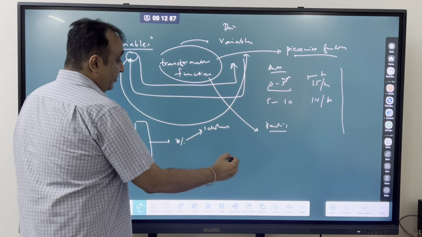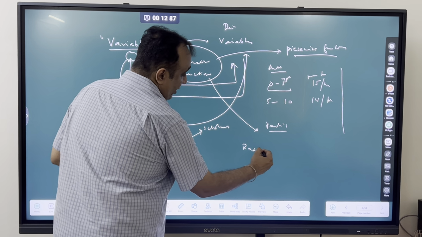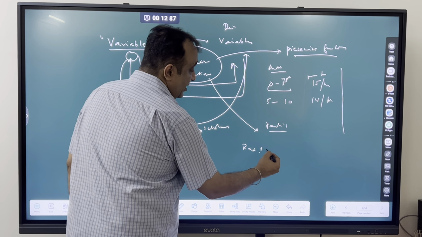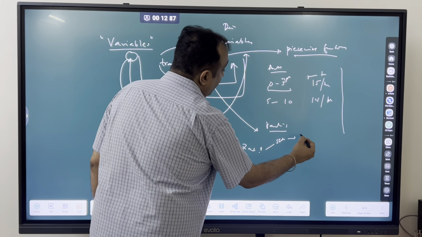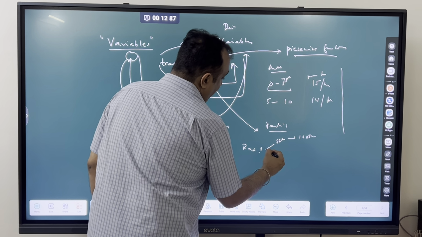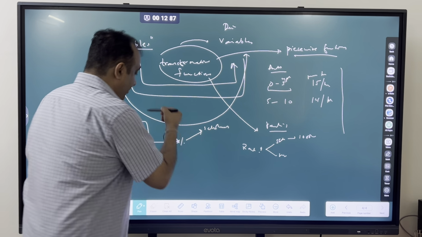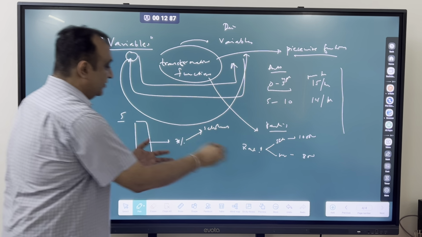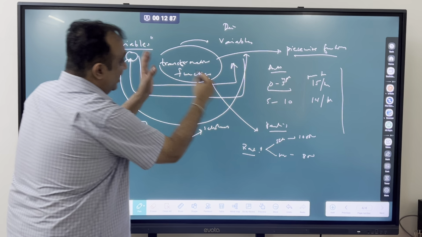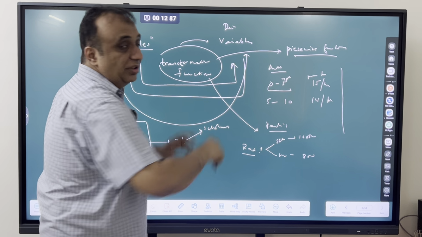And if they get rank 1, they'll get a prize. If rank 1 is a scholar, he might get 10,000 rupees as prize. If rank 1 is not a scholar, that means everybody scored less than 75%, they get 8,000 rupees prize. So again, a piecewise function and a ranking function is a transformative function trying to get into derived variables and derived states.